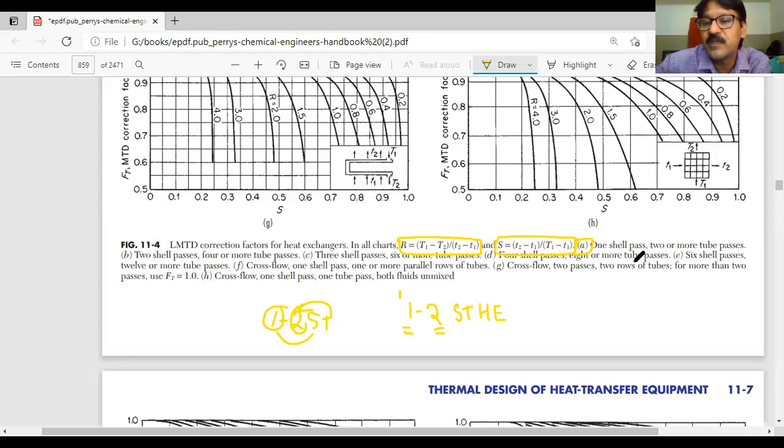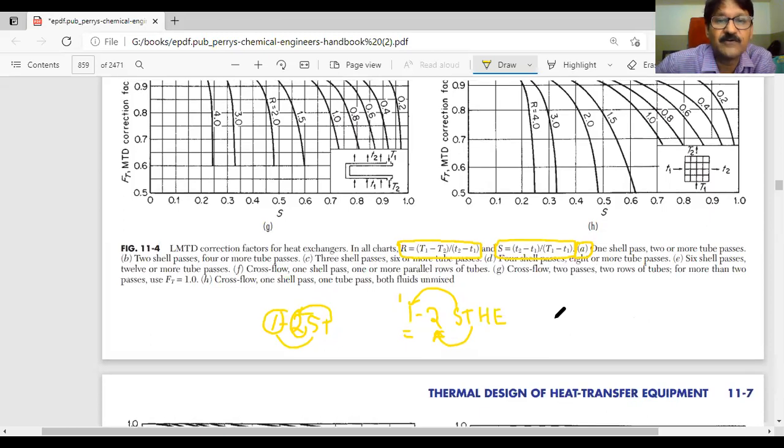Come to A, what is written? 1 shell pass, 2 or more tube passes. This S refers to the first number, T refers to the second. Therefore I am referring to A. Any confusion here? Is it clear?